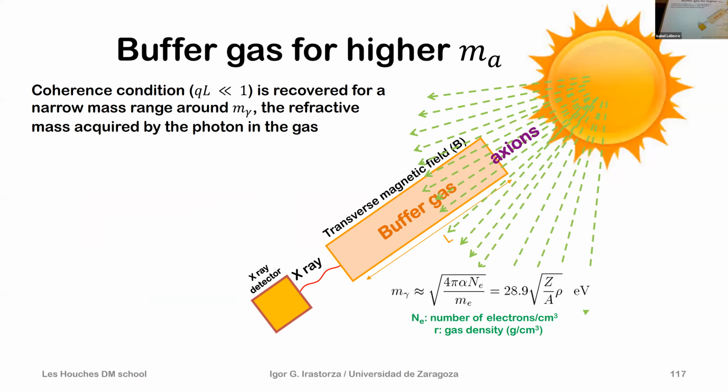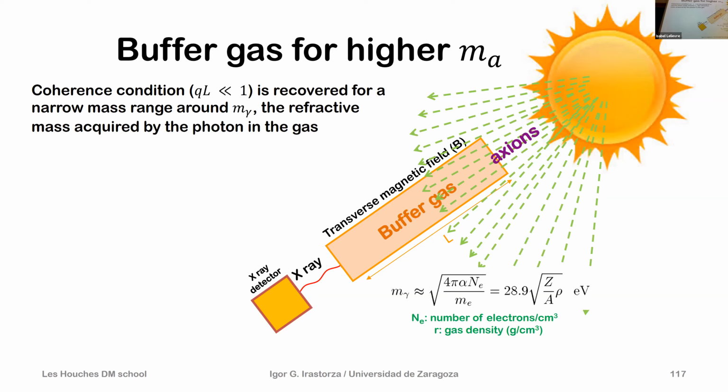So what is this buffer gas that I mentioned before? This is a trick to gain coherence for axion masses that otherwise would not fulfill this condition of the oscillation length being big enough to fit into the magnet. By putting a gas inside the bores of the magnet where the magnetic field is, you impart an effective mass to the photon, and then it changes the definition of q.